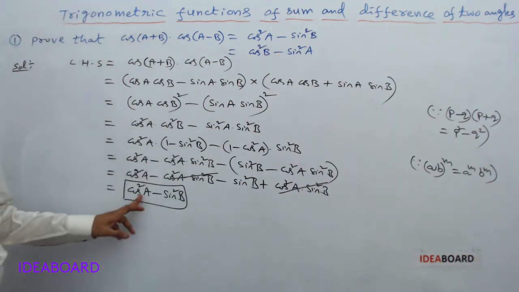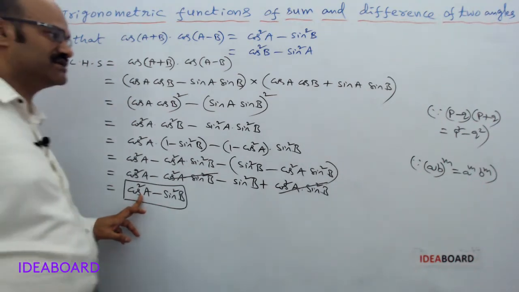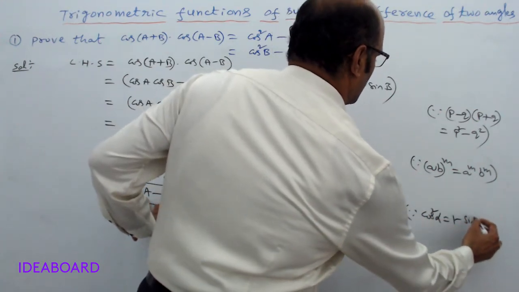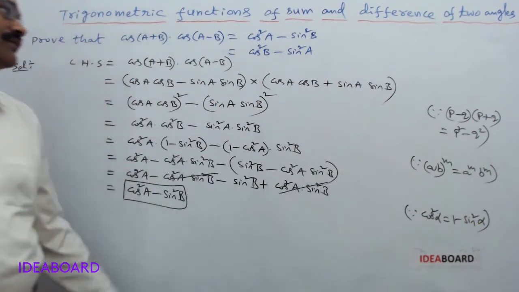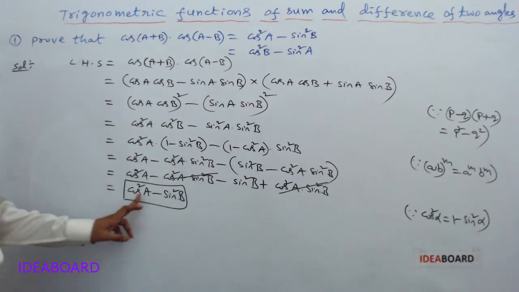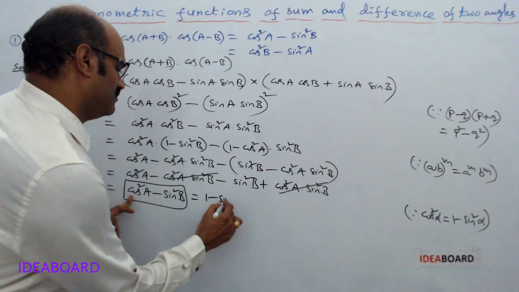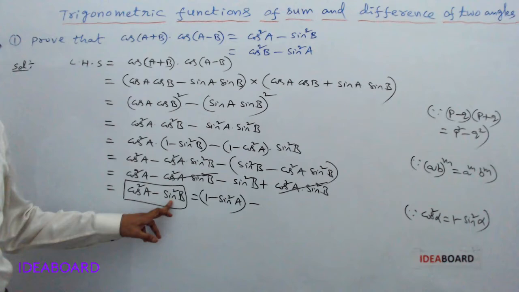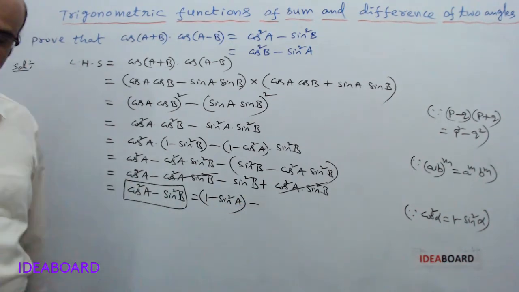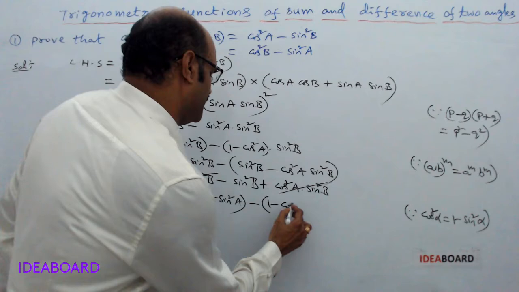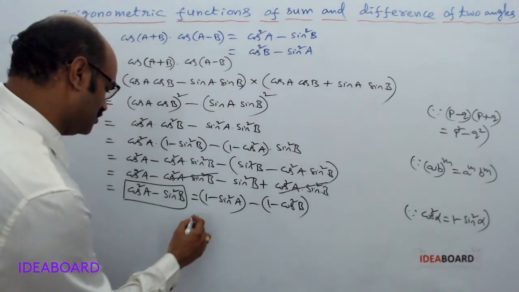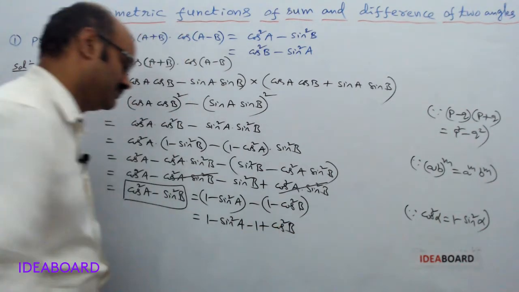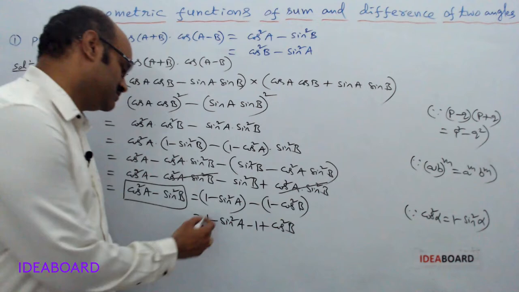To get it, we know that cos square alpha equals 1 minus sin square alpha. So we can take cos square A equal to 1 minus sin square A, minus sin square B equal to 1 minus cos square B. 1 minus cos square B equals 1 minus sin square A minus 1 plus cos square B. Now plus 1 minus 1 becomes 0.